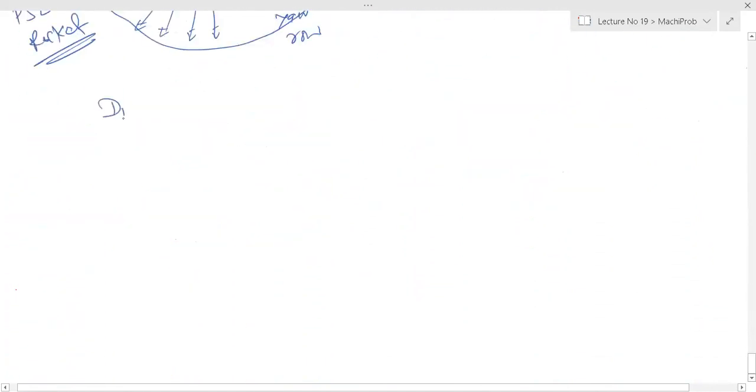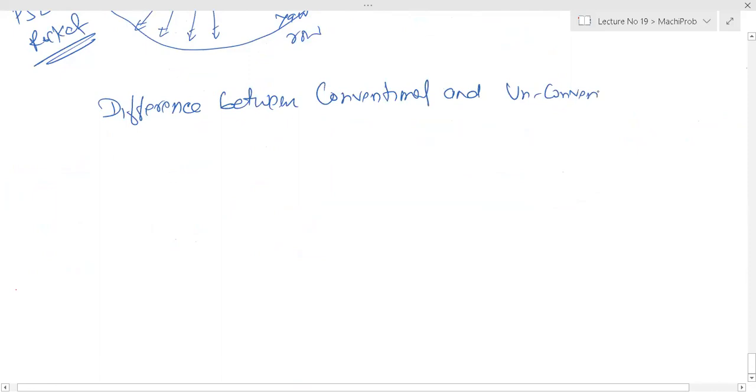So we will understand the difference between conventional and unconventional, the difference between conventional and unconventional.